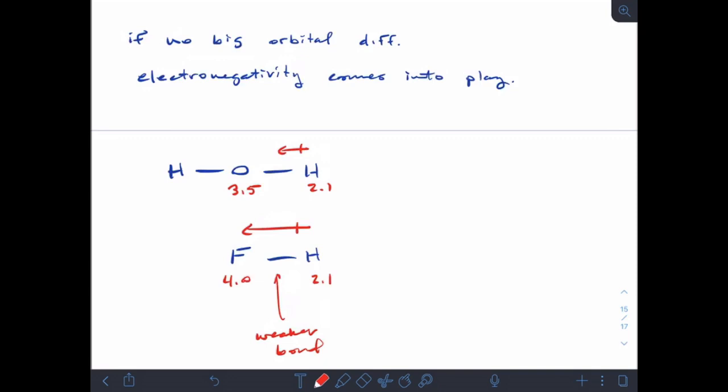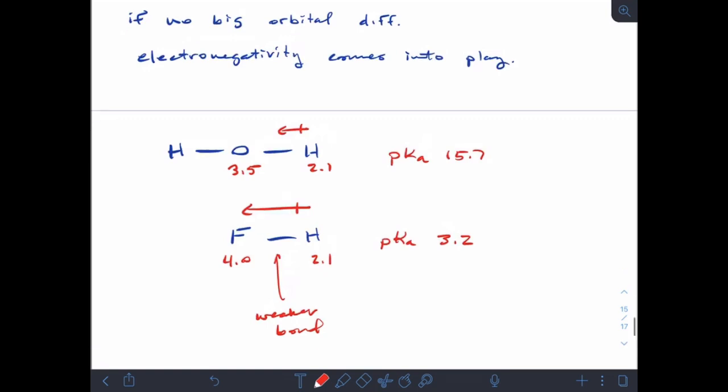If we compare our pKa's, 15.7 versus the pKa for hydrofluoric acid, which is 3.2. The bigger the electronegativity difference, the weaker that bond to the hydrogen is going to be. And remember, a weaker bond results in a stronger acid.